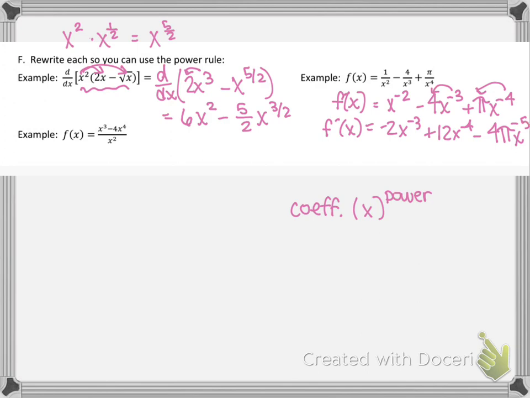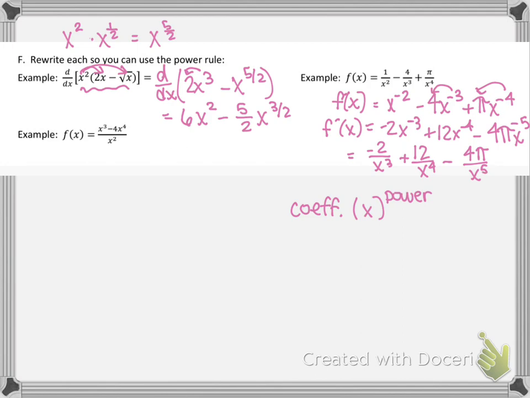So that's the derivative. Again, you might be asked to rewrite it without negative exponents. In that case, the coefficients would stay in the numerator and you would bring those powers of x to the denominator. And as a result, you would get rid of those negative exponents.